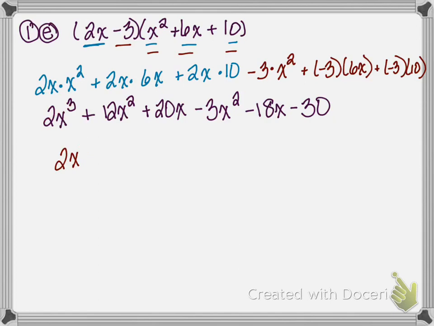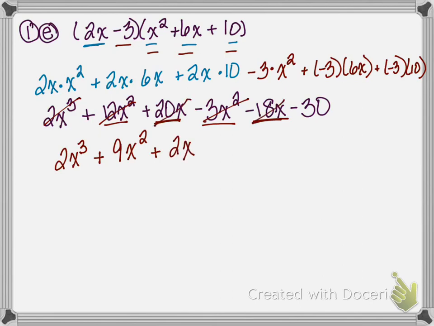Now I have 12x squared minus 3x squared. Those are like terms because it's the same variable raised to the same exponent. So that is plus 9x squared. Then I have 20x and minus 18x, so I have positive 2x.